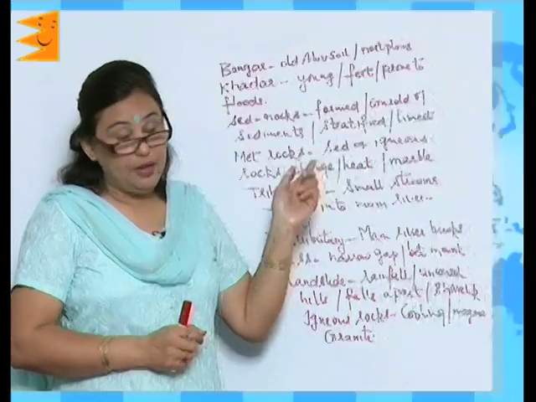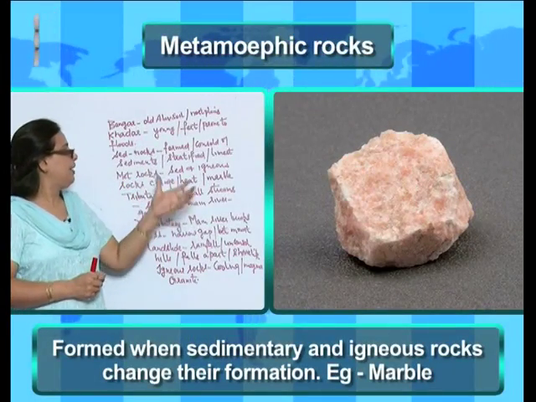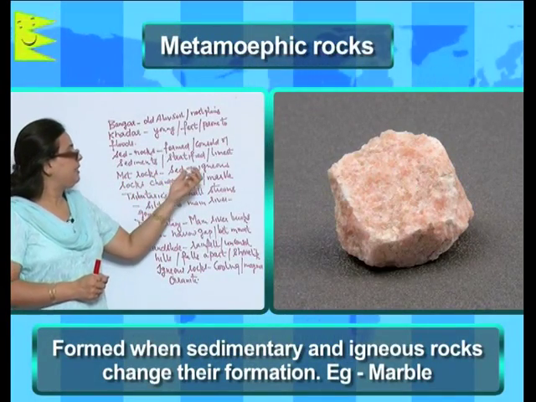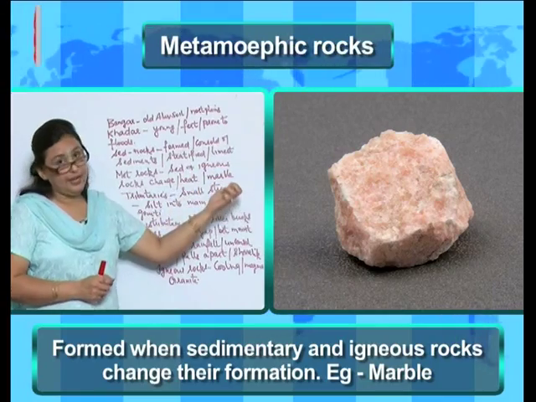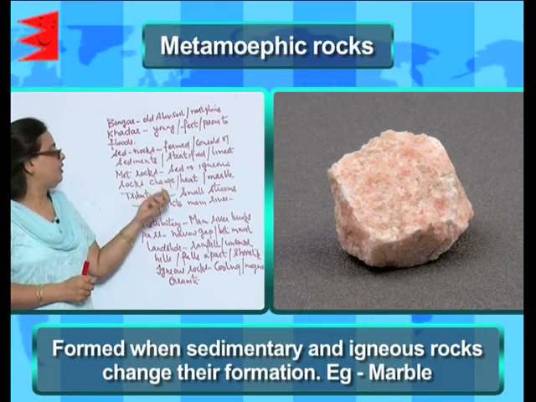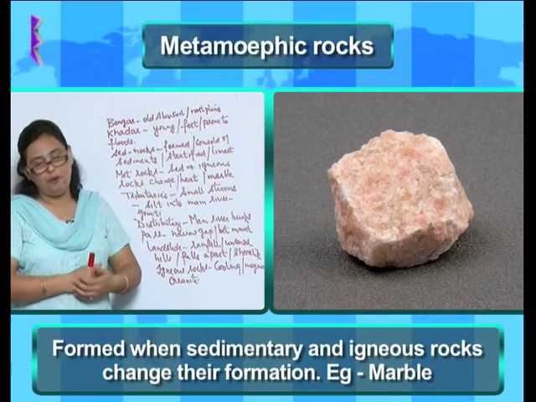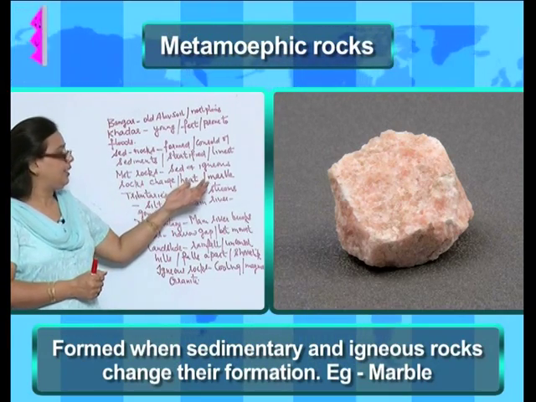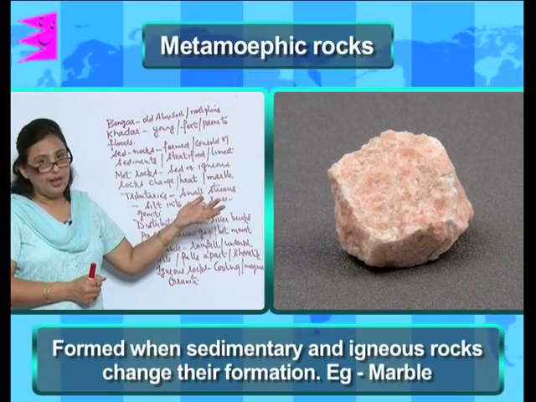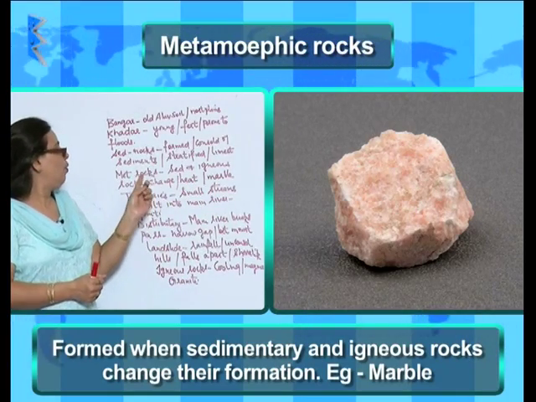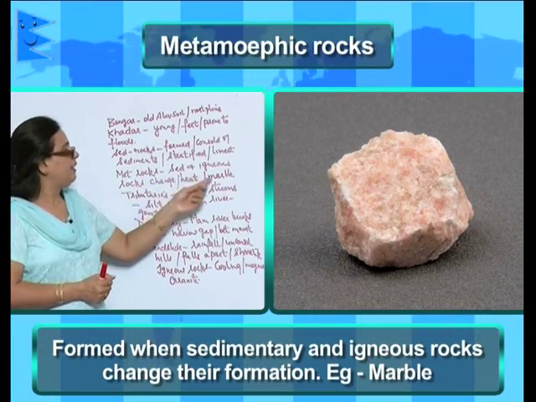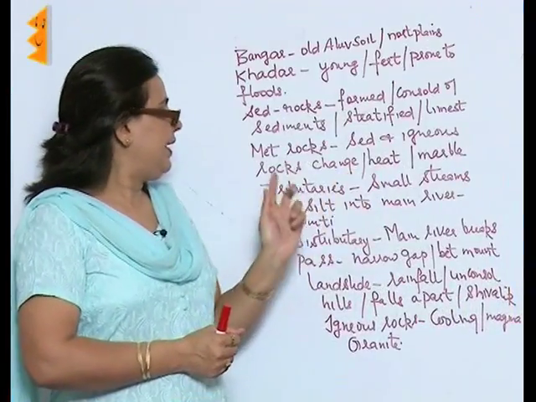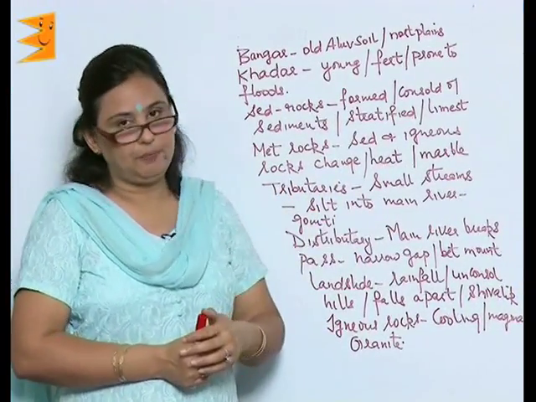Metamorphic rock. Metamorphic rock is formed when the sedimentary and the igneous rocks actually change their formation. The change can occur due to heat and pressure, and the best example of a metamorphic rock is marble.